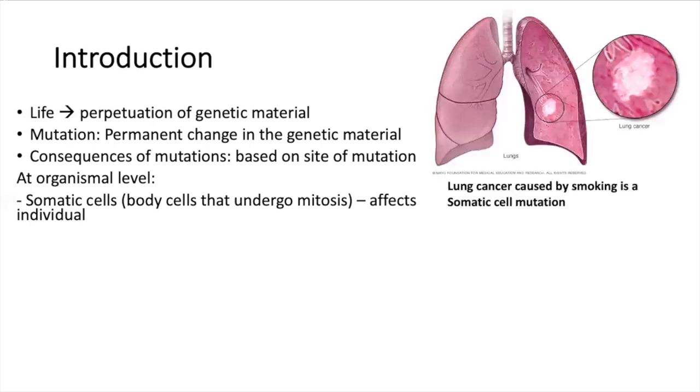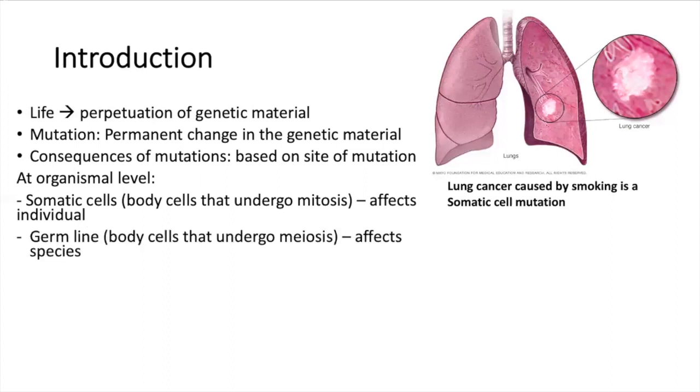An example is lung cancer caused by smoking. If a person has lung cancer due to smoking, that means he carries a mutation in the lung cells that has caused the cells to become cancerous. Now this cancer is not transmitted to his children because it is not a germ cell mutation.